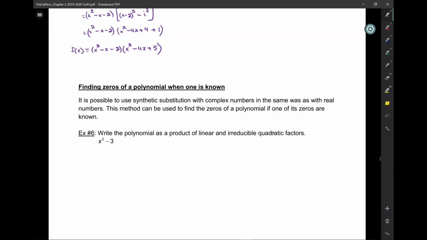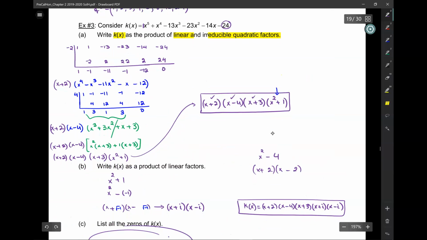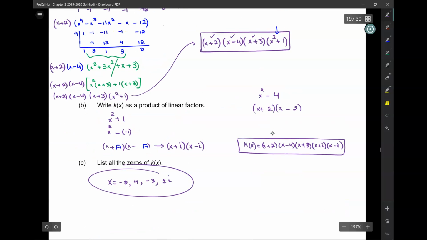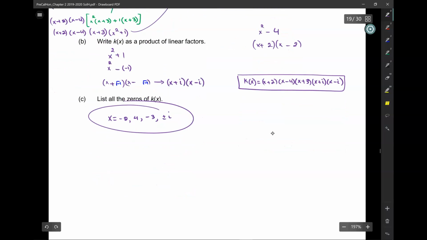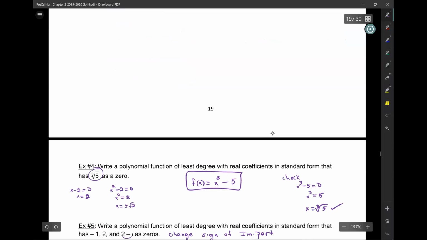Okay. So, the question of when we had to pick one of the zeros, it's very time consuming, right? One way to get around it on my tests is I will give you one of the zeros to start with, and then you just have to continue with that one. Or I'll show you another way later.